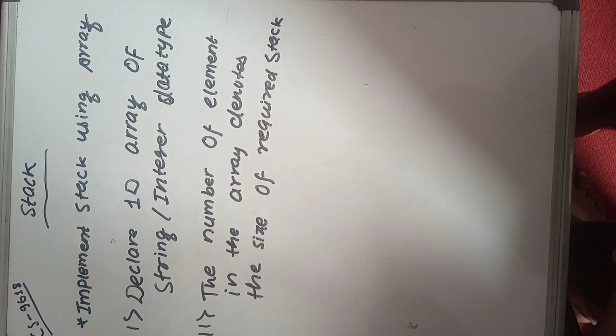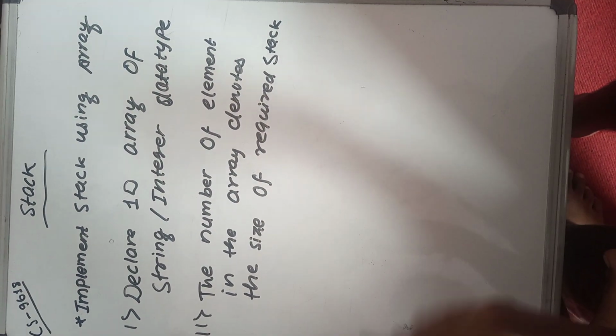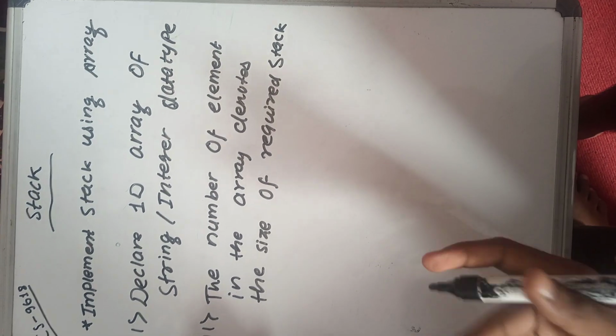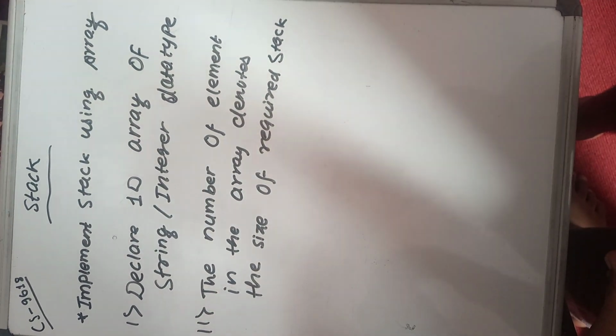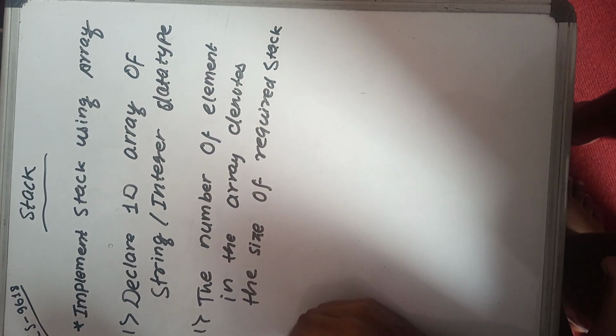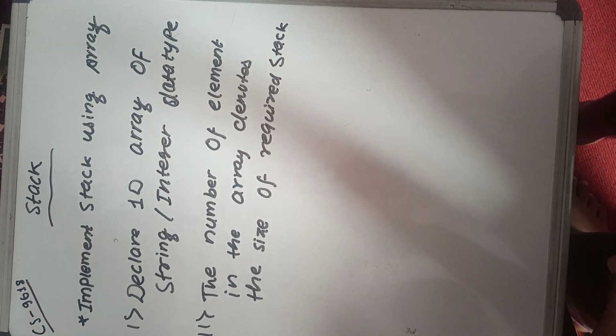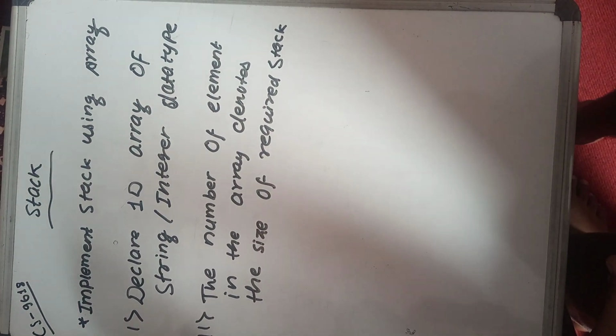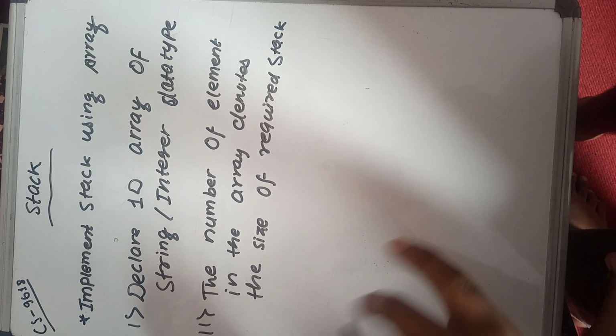And we should also declare our top of the stack pointer, which is of integer data type, as it is incrementing and decrementing according to the condition. That is, if we perform push, then it is incrementing. If we perform pop, then it is decrementing.